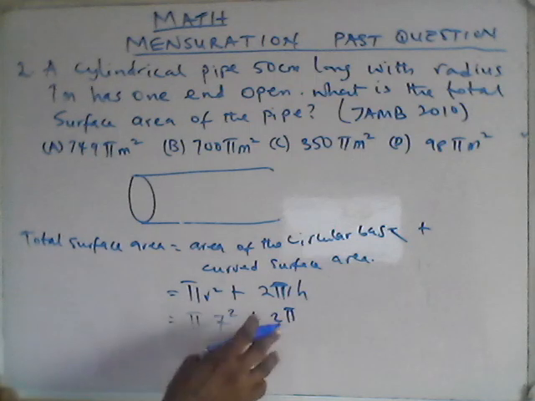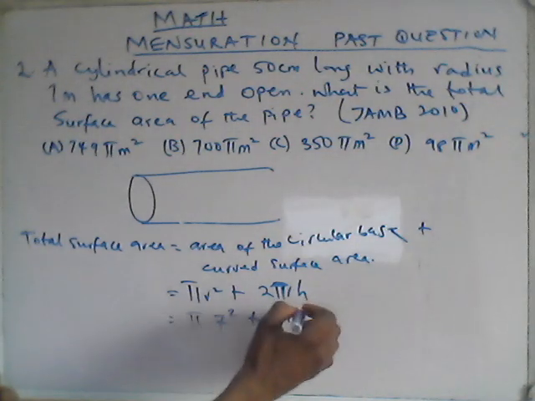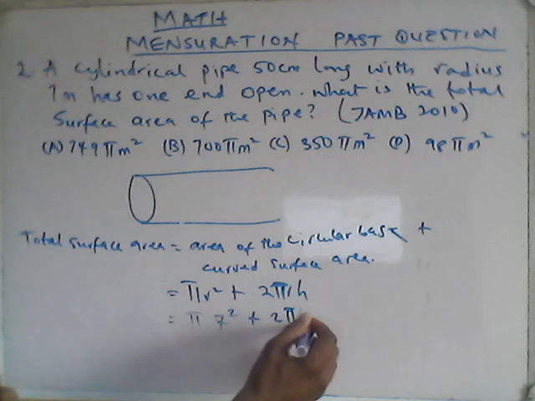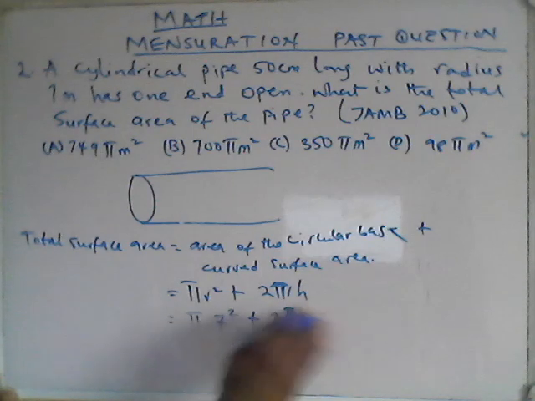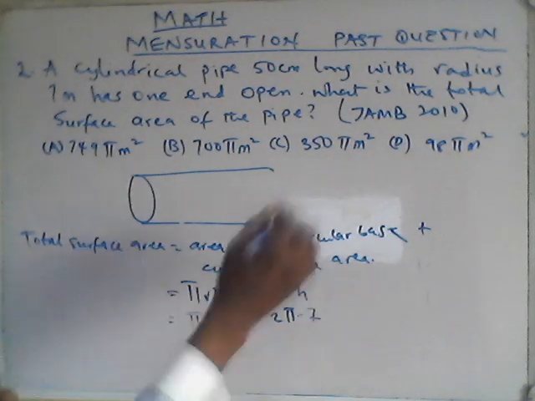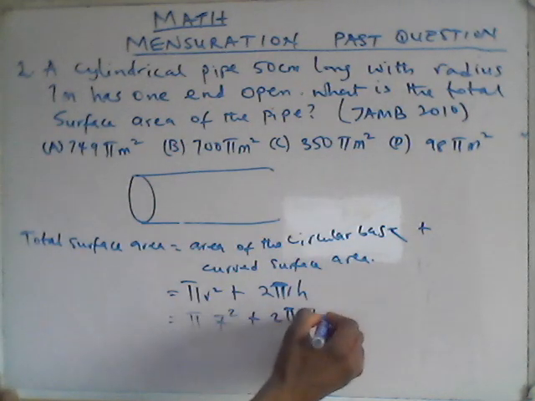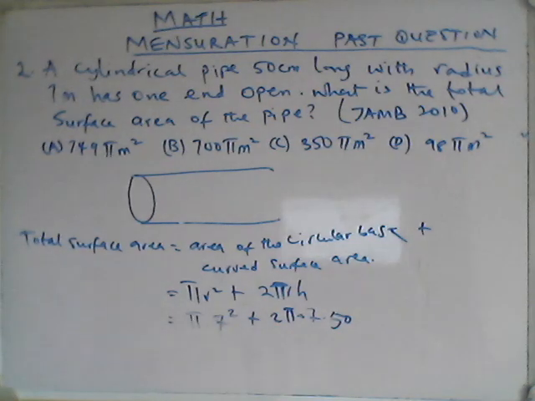So I will say 2 pi, then R is 7. Then the height is 50. Like this, 50.